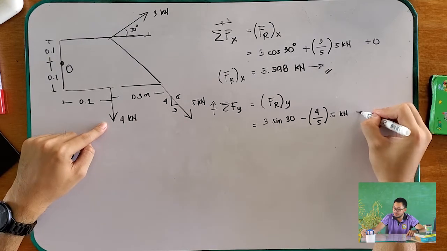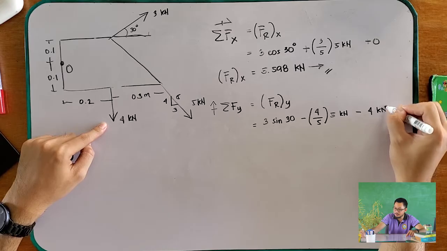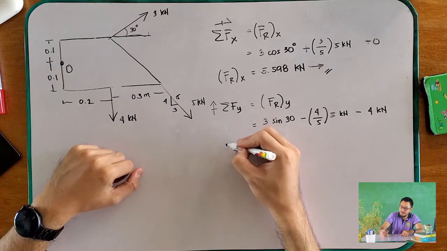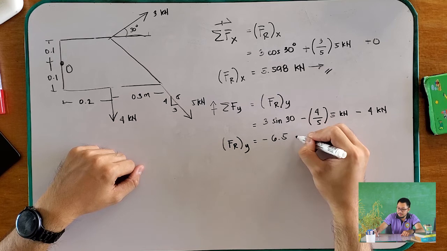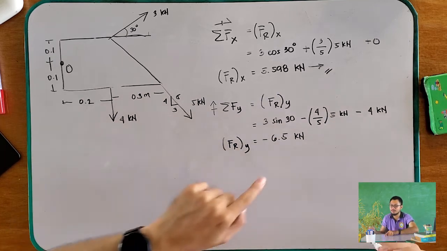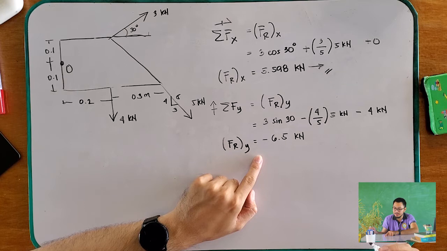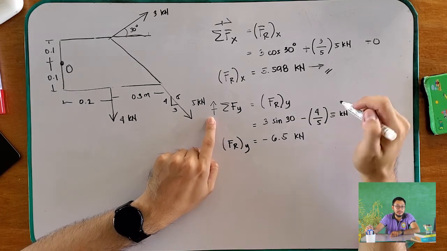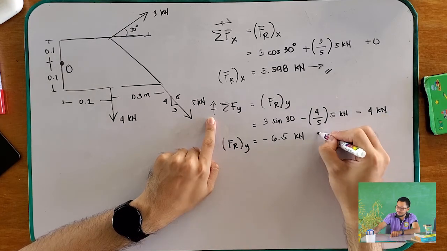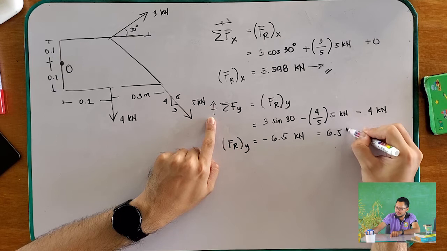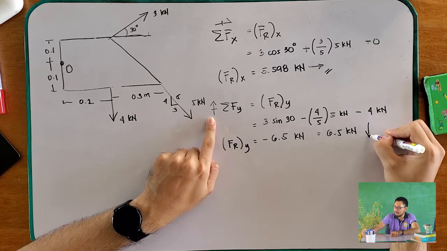Paubos gyapon ni, minus 4 kilonewtons. Since this is going down, this is vertical nga pag go down, wala na ta nag cosine. So your FRy is negative 6.5 kilonewtons. Negative siya because ang atong gi-assume nga direction sa positive is going up. So therefore, to make it positive, this is 6.5 kilonewtons going down.